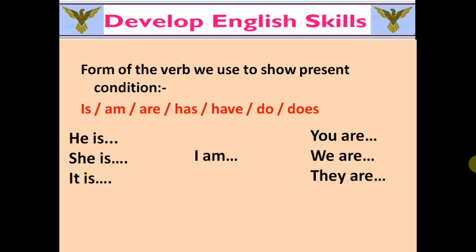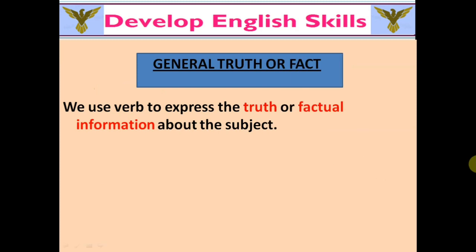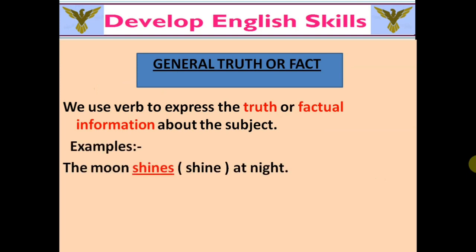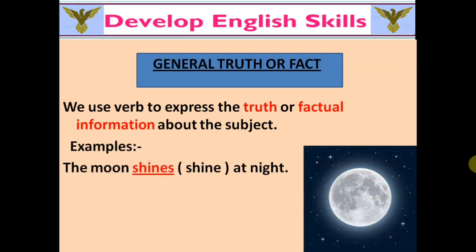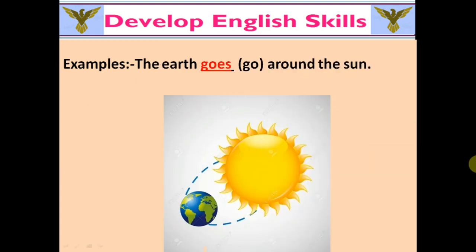Now let's talk about the third point. In simple present tense, we use verbs to express the truth or factual information about the subject. For example, the moon shines at night. So it is a fact. Look at the second example. The earth goes round the sun.